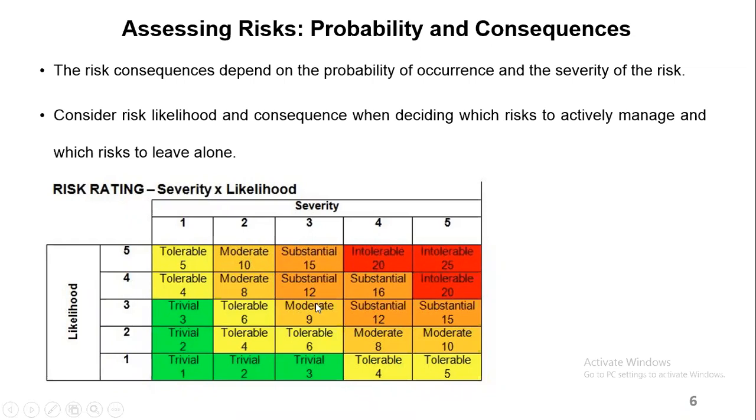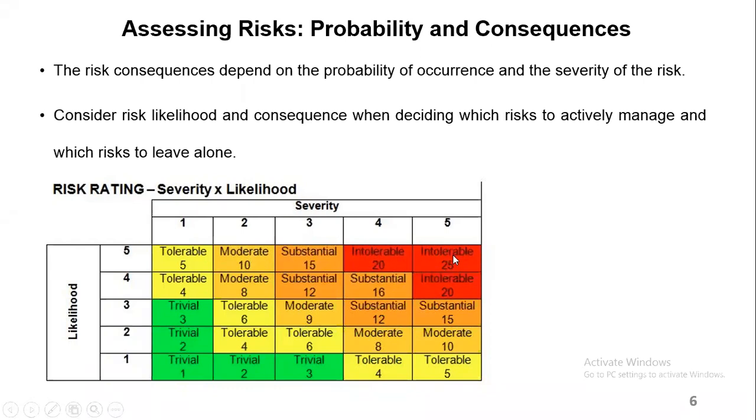Then there is this one, let's say here 3 times 3. This one is moderate, that will be 9. So the risk there is moderate in terms of your risk rating. It's moderate, so you need to keep an eye on it. You need to decide now, if you put up a mitigation plan, what should you do about it? That's in terms of your risk response. We'll look at it later.